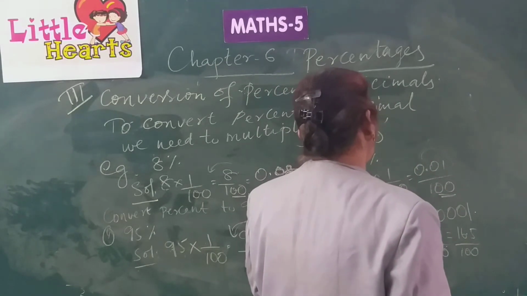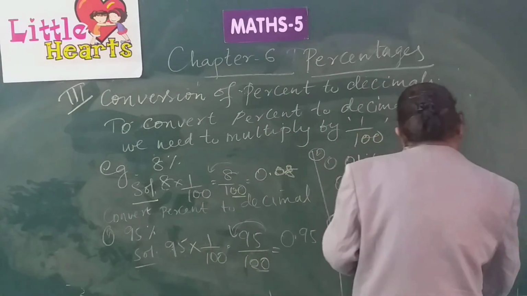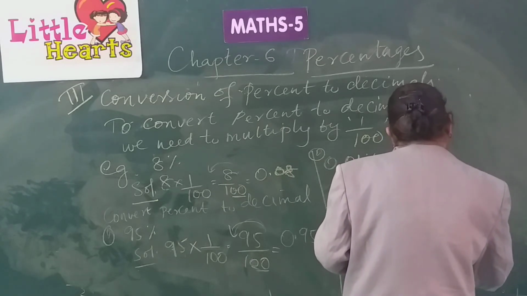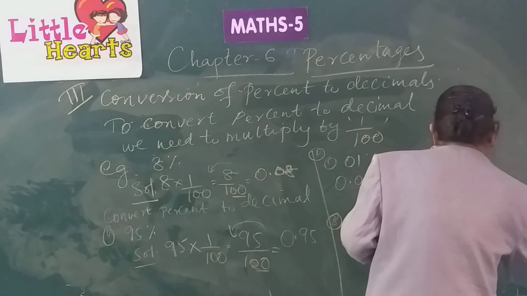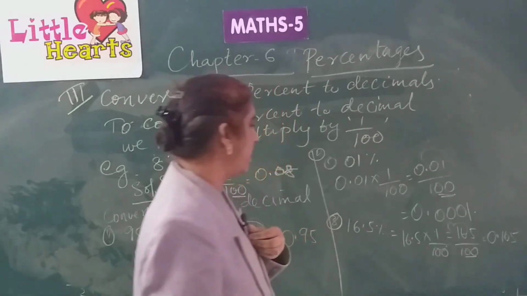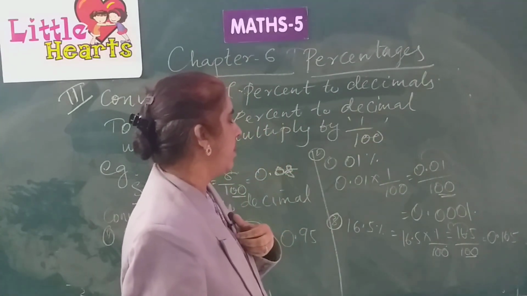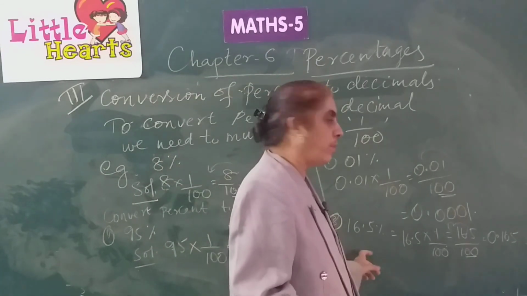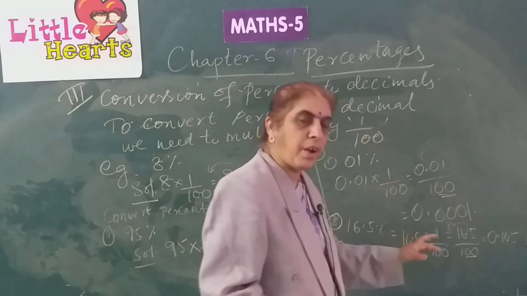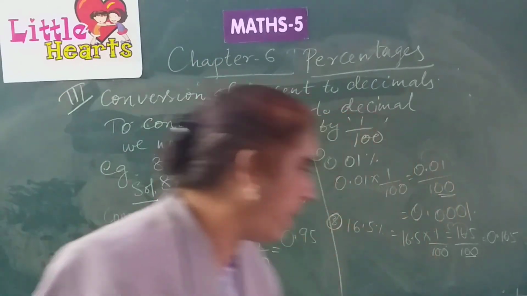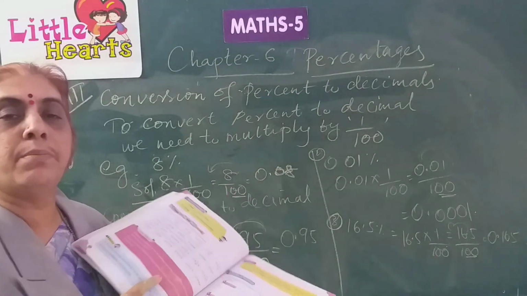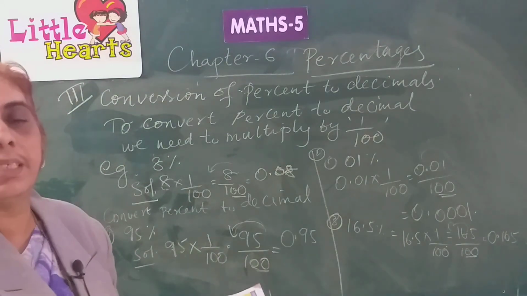So the decimal should shift 2 digits forward. So 0.165, that is the decimal form of 16.5%. So children, in this way you can convert percent to decimal, decimal to percent, percent to fraction and fraction to percent.